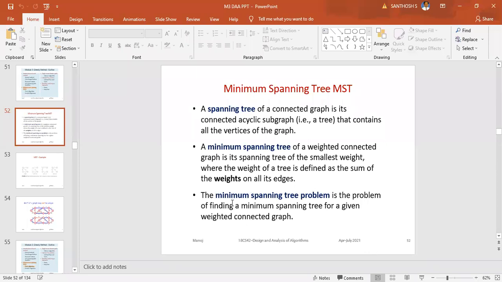Now come to the problem. The minimum spanning tree problem is the problem of finding a minimum spanning tree for a given weighted connected graph. MST means minimum spanning tree.